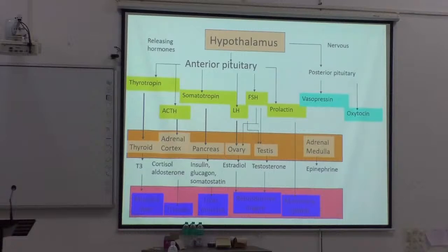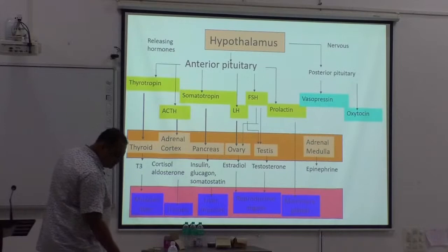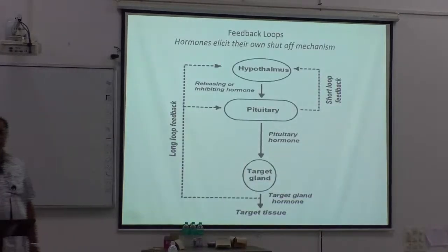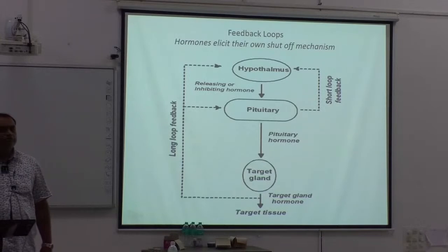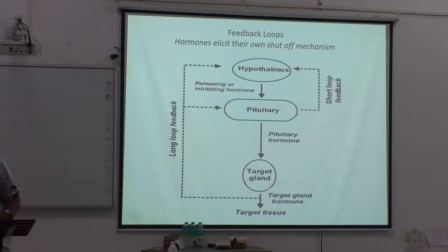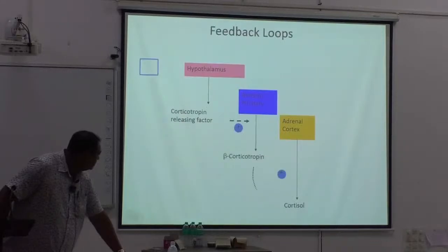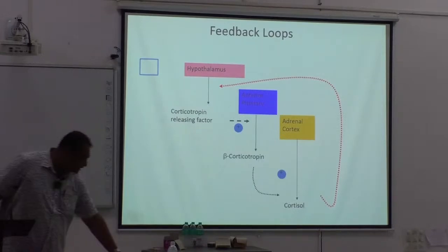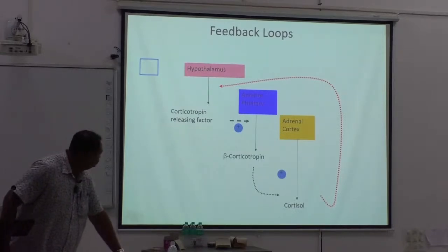Correct? Let's go through quickly, because we are not going to spend more time. Are you familiar with this diagram? Correct? Hypothalamo-hypophyseal gland axis. Correct? Final hormone product cortisol will inhibit the secretion of releasing hormone.